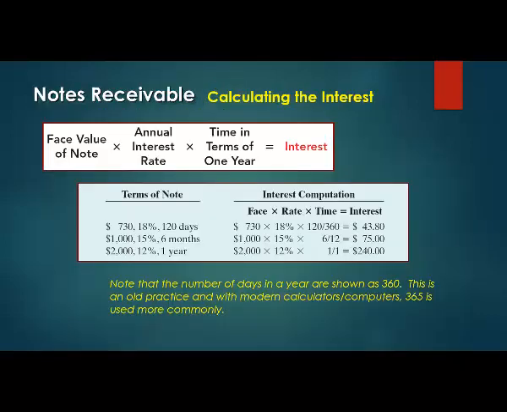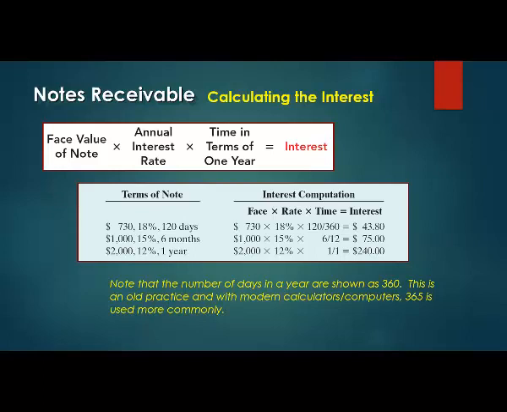How do we calculate interest on a note? First, you calculate annual interest, and then you prorate it for the period where the note was taken, for the time that the money was borrowed. This calculation depends on how the note is written, in days, months, or years. If it's days, then you divide the days of the note by 360.